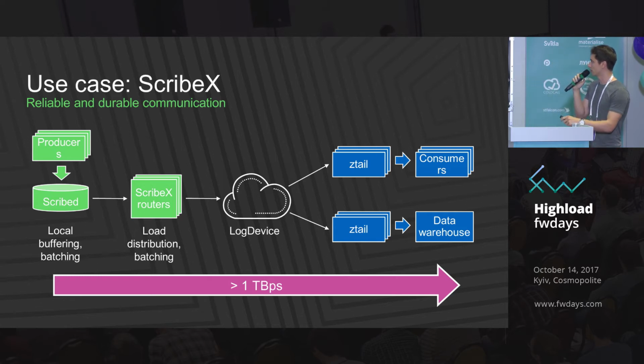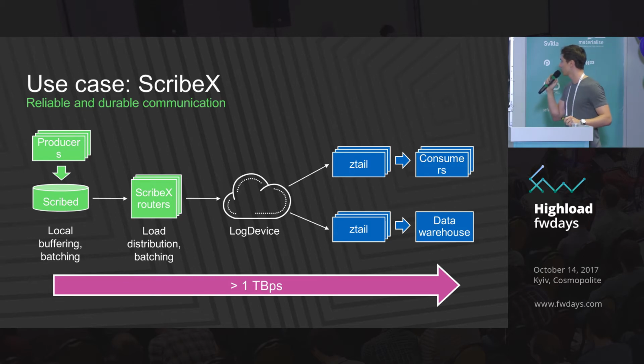The reason we have this local process is that if we lose the network and cannot connect to the Scribe routers, we can still batch and keep data locally, and once we are ready to send, we can propagate it further. Then after Scribe, it gets sent to LogDevice, and from LogDevice it can be read by special processes called tailers, and later made available for consumers, or just saved in the data warehouse for later processing.